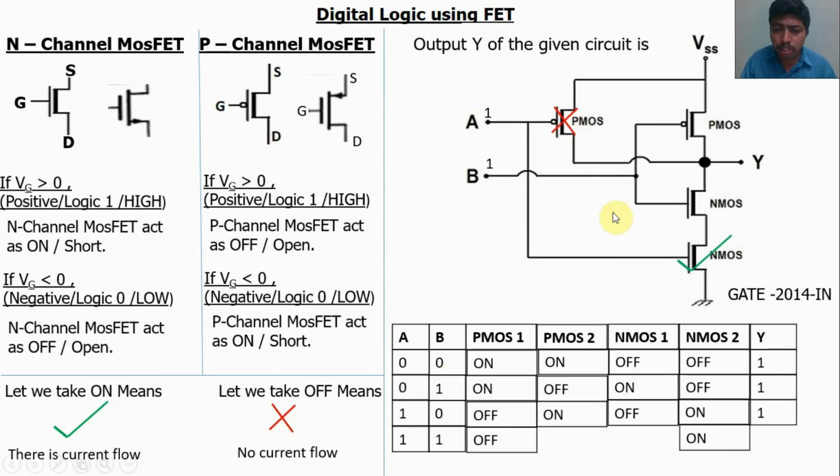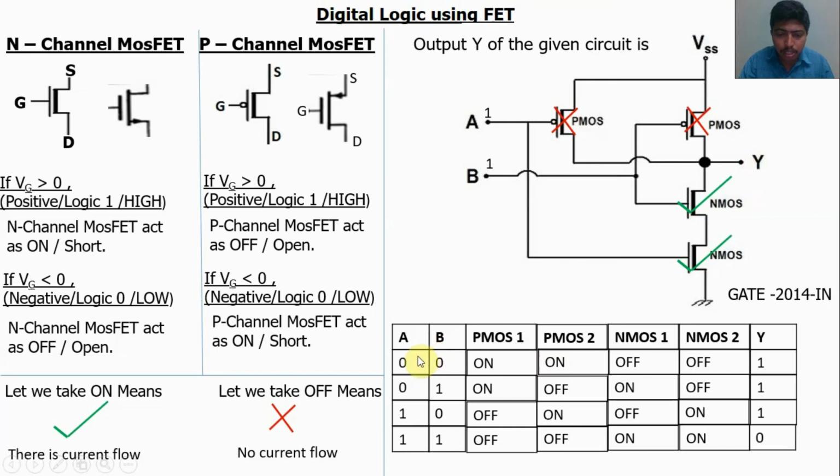When input B is 1, positive voltage applied, PMOS 2 will be off. At the same time NMOS 1 will be on. So put the cross mark on PMOS 2 and tick mark on NMOS 1. Now PMOS 1 and PMOS 2 are in the closed condition, so there is no way for current to flow from source to load. So output Y is equal to 0.